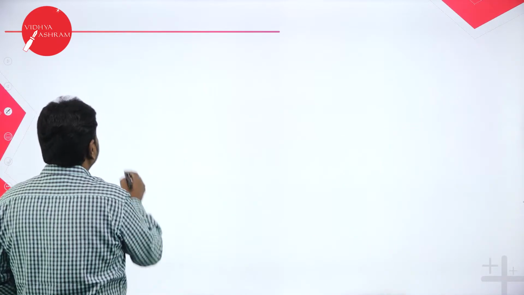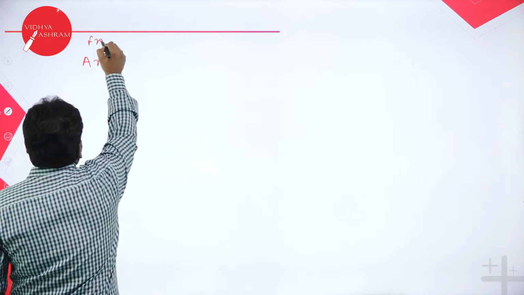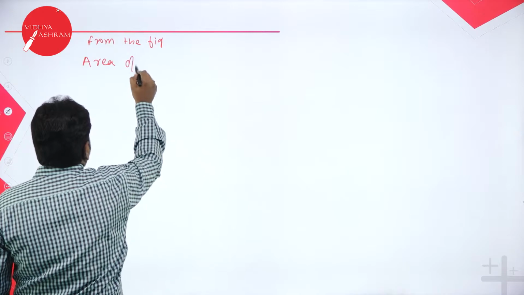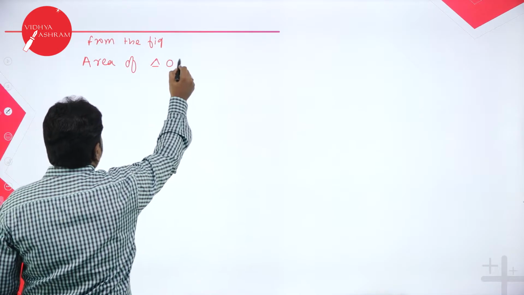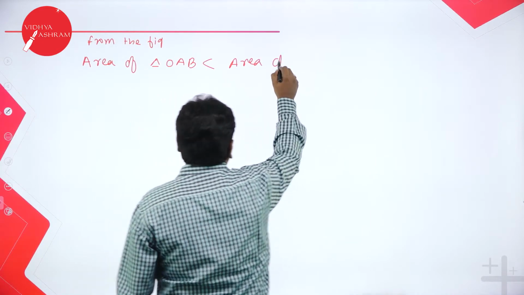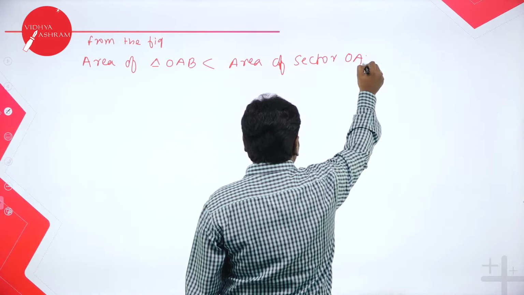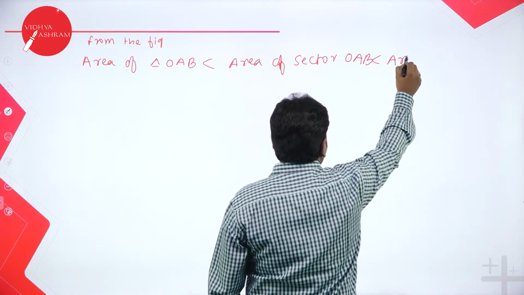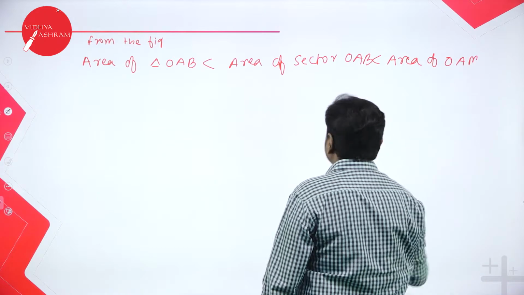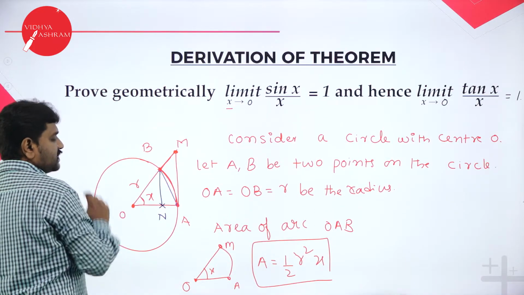So I'll write it, from the figure: area of smaller triangle OAB is less than area of sector OAB, which in turn is less than area of big triangle OAM. So if you see, the smaller triangle OAB is less than the sector, less than this.